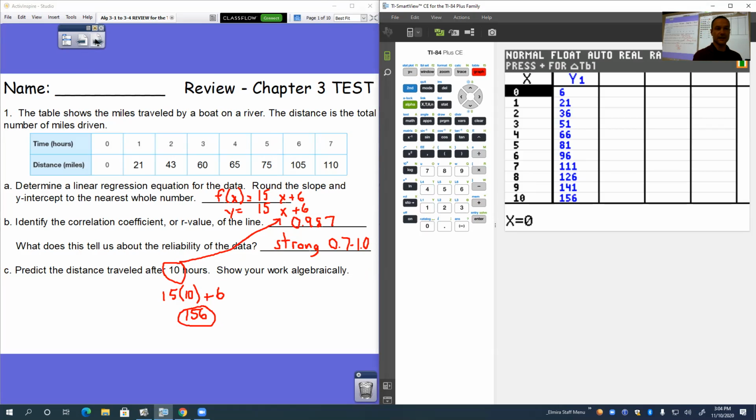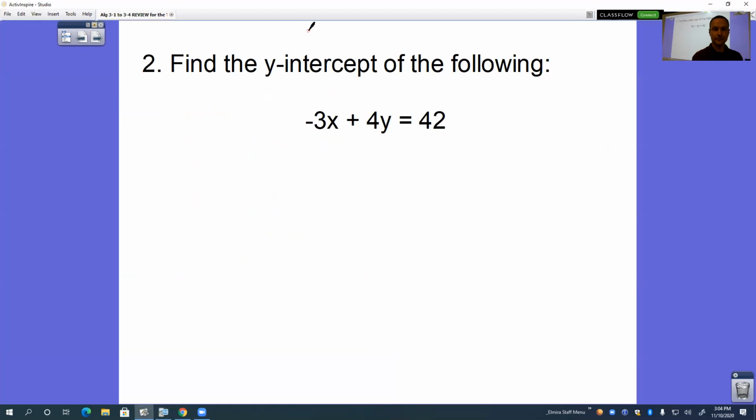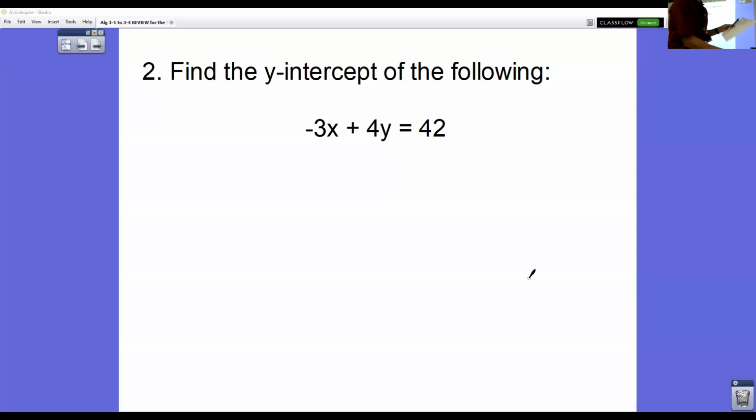So moving on to the next question. In our next question, we are finding the y-intercept for the following. When you go to find the y-intercept, we want to sub in a 0 for our x value.